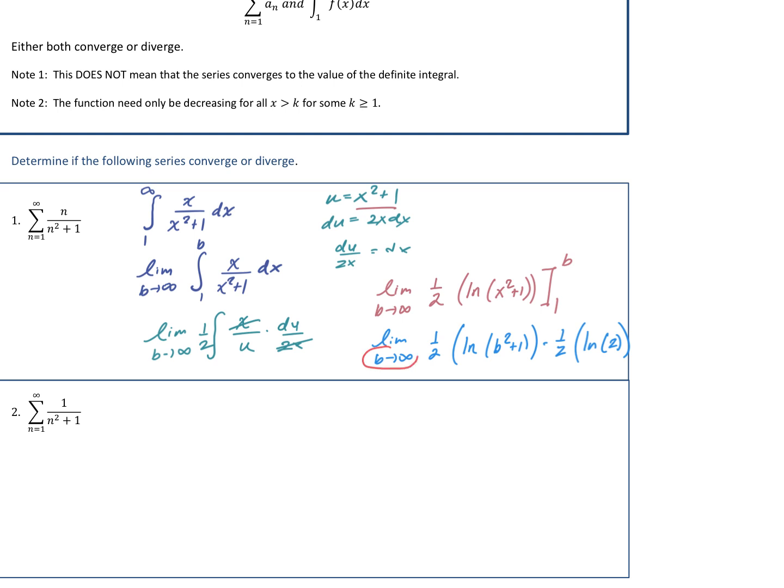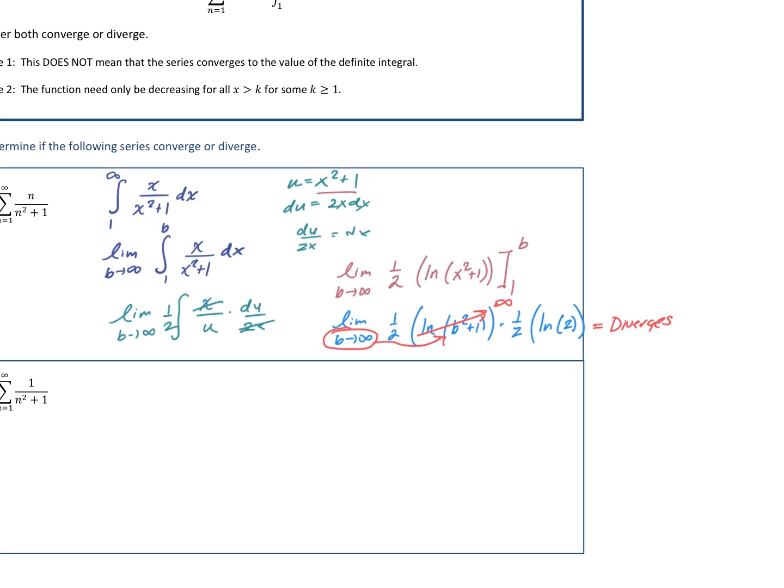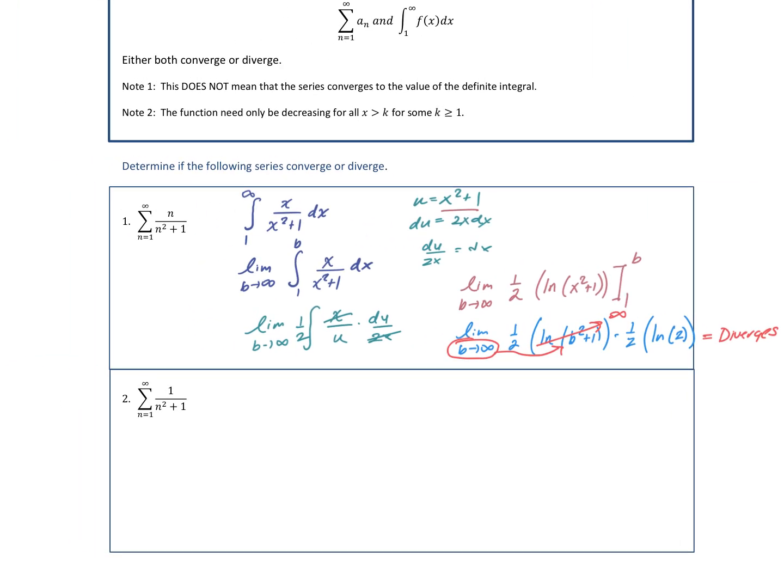Remember, ln of infinity is infinite. So this diverges, again, infinity. So to answer the question, we would say that this diverges by the integral test.